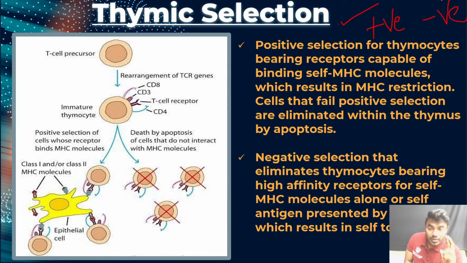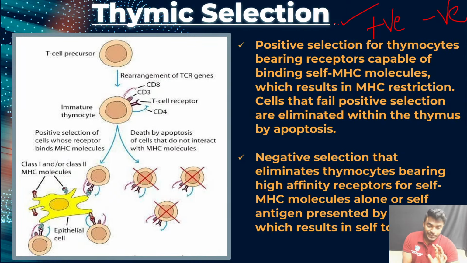No. Both types of selection have to be qualified by the T cell compulsorily. If it qualifies only one selection and fails the other, friends, the T cell can easily be destroyed by the thymus. So it is compulsory that the T cell passes the positive selection and the negative selection also. Let me tell you what is positive and what is negative in a simple way.